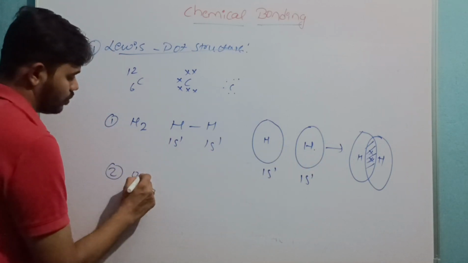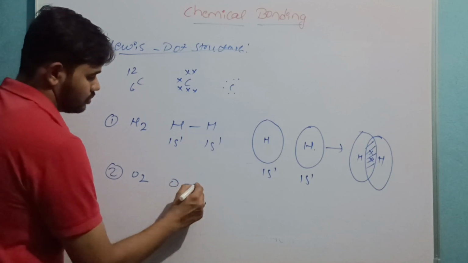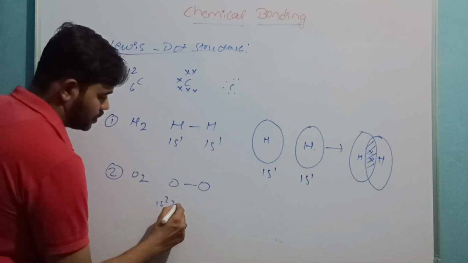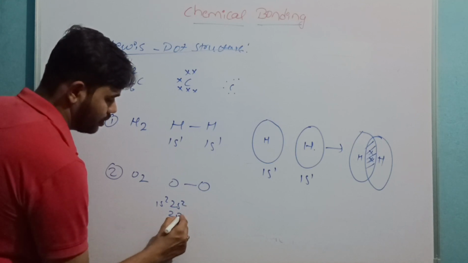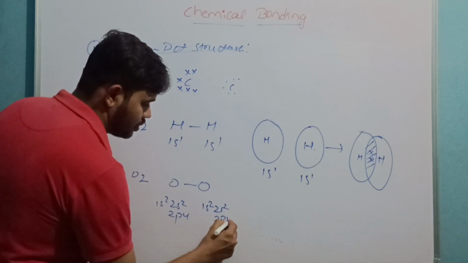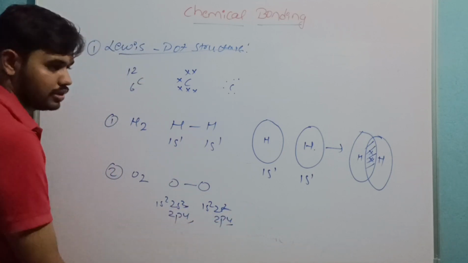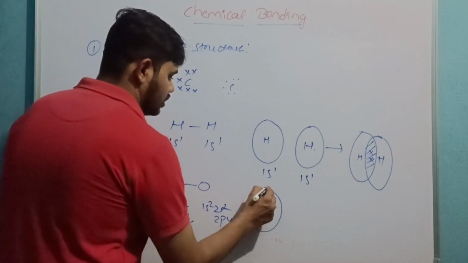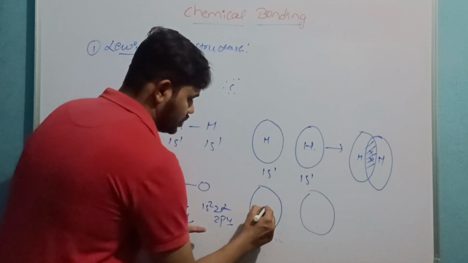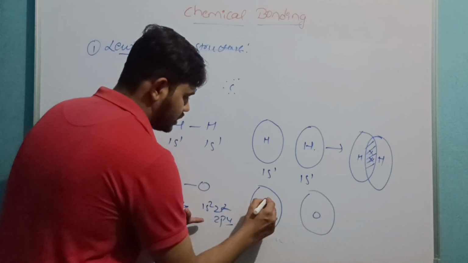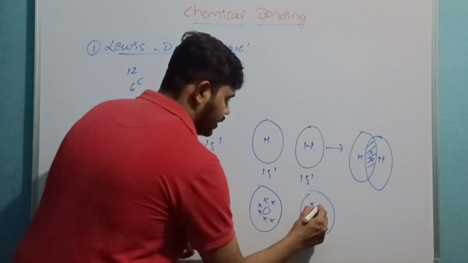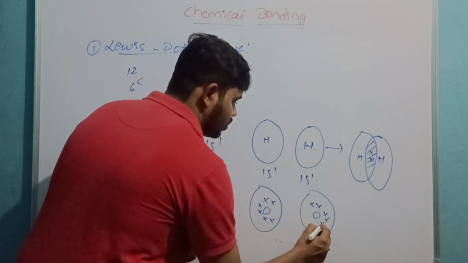Second one, O2. Electronic configuration 1s2, 2s2, 2p4 for each oxygen. Totally it has 6 valence electrons, and the bond formed in between is a covalent bond.